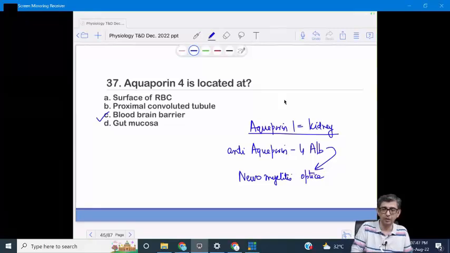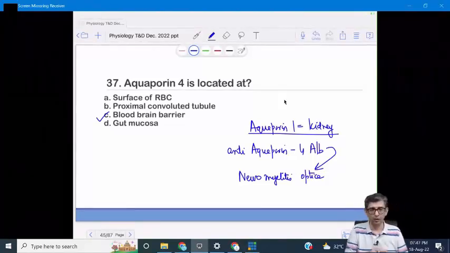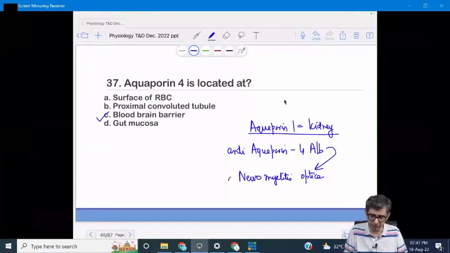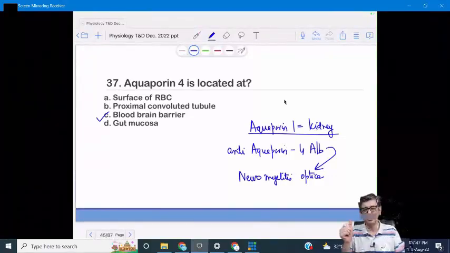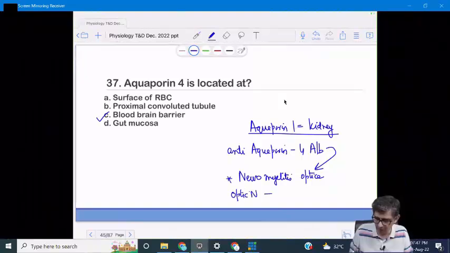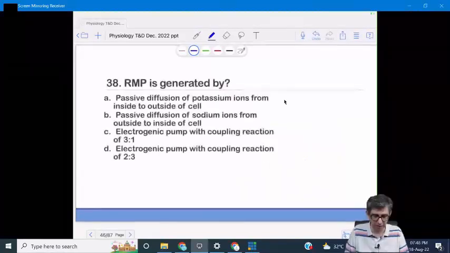The correct answer for 37 is option number C. It's one of the essential criteria for diagnosis of neuromyelitis optica. The combination will be optic neuritis, the patient will be blind, and spinal cord involvement will cause paralysis, transverse myelitis. Answer to 37 is option number C. Yes, it's an essential criterion, not major but essential.